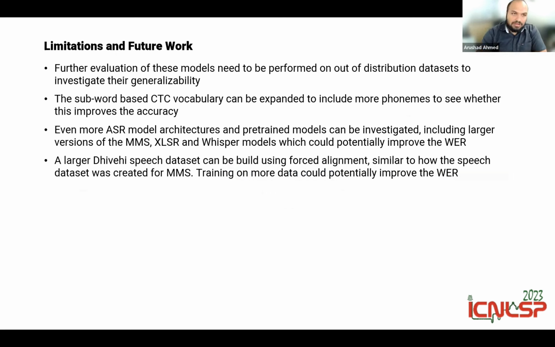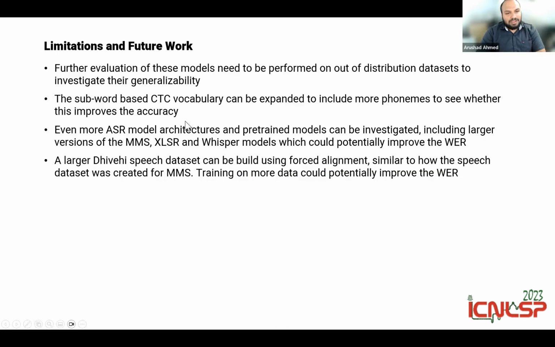In conclusion, let's have a look at some limitations of our work and some possible future work. We need to do further evaluation of these models on out-of-distribution datasets to investigate if they're able to generalize well. Also, the subword-based vocabulary can be expanded further to include the Dhivehi phonics, which has not been included in the current subword-based vocabulary.